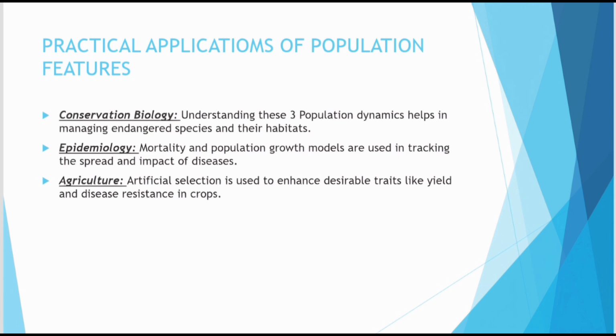And how this helps in epidemiology: mortality and population growth models are used in tracking the spread and impact of diseases. In agriculture also, these population features are applicable. Artificial selection is used to enhance desirable traits like yield and disease resistance in crops.